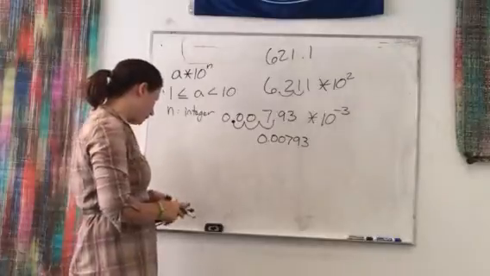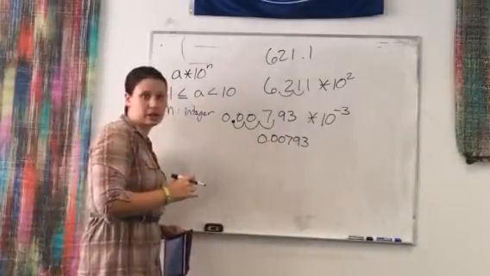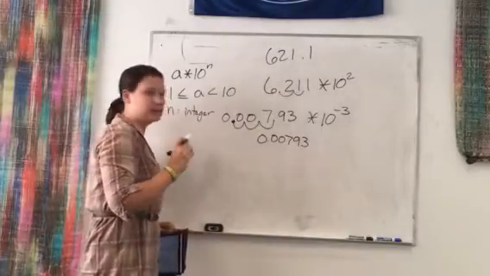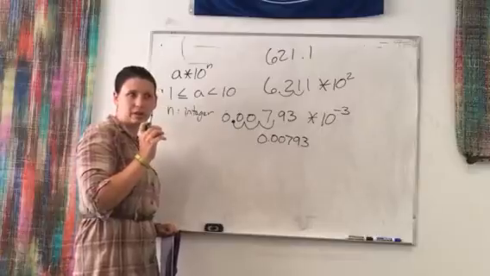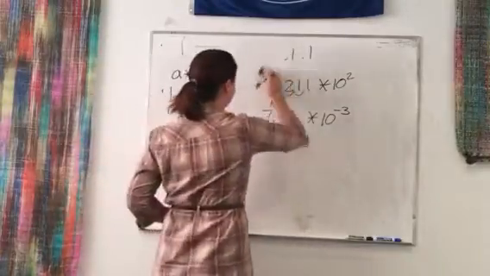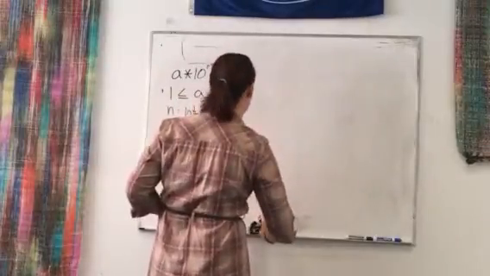All right, so after this, we can do a bit more with numbers in scientific notation. We can multiply them, we can divide them, and it's a little bit specific how we need to do that. So let's look at a couple of examples of those types of problems.